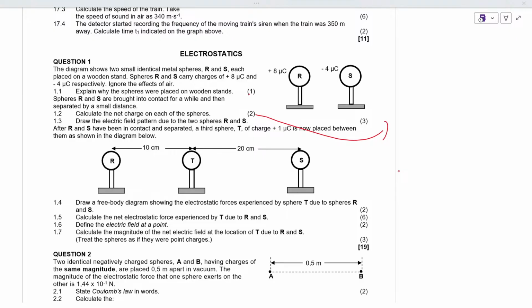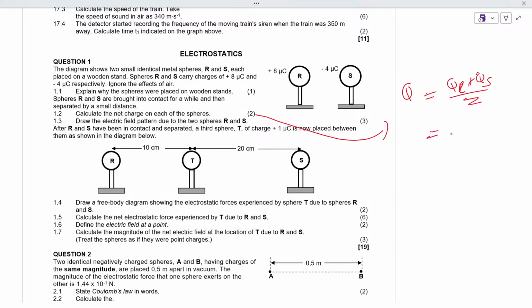We are setting a new charge, Q new, because we are going to have a new charge on each of the spheres when we solve. So you can just say Q equals QR plus QS over 2.